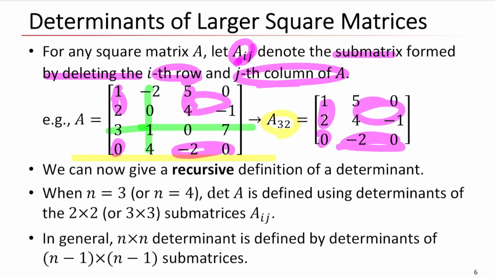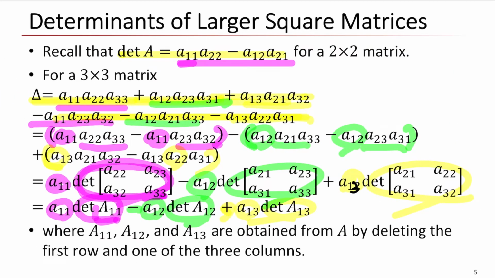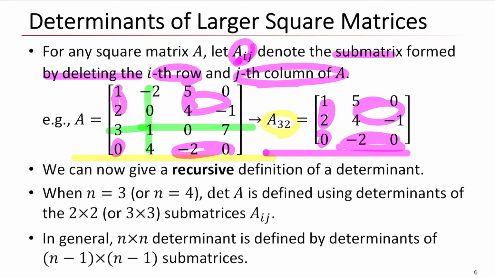Okay, so this is the definition of the A32. So the determinant of the 3 by 3 matrix can be represented by the determinant of a 2 by 2 submatrix defined something like this, right?